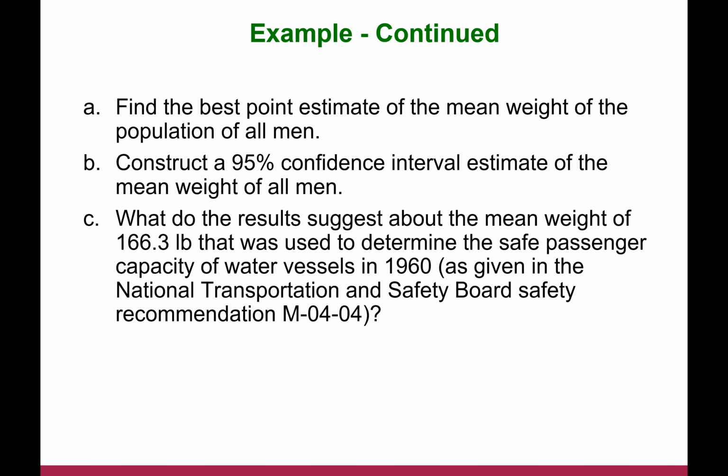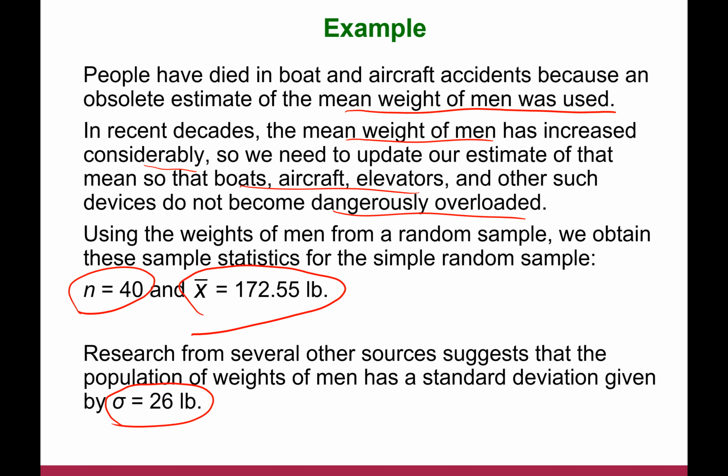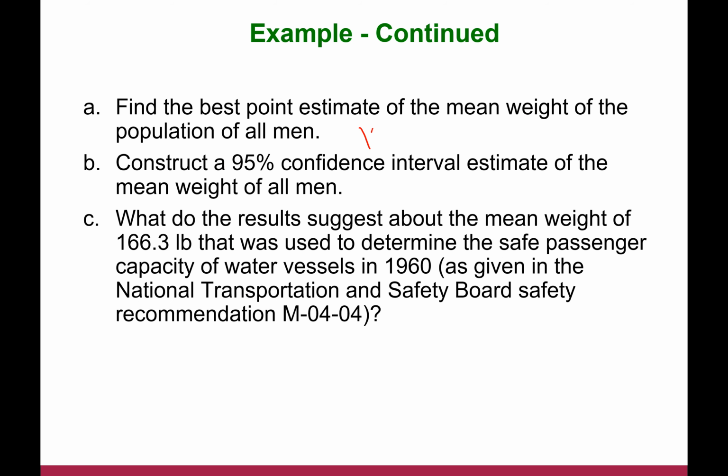First of all, find the best point estimate of the mean weight of the population of men. The sample mean of 172.55 is the best point estimate of the population mean, since the sample is a simple random sample. Then the second step: construct a 95% confidence interval estimate of the mean weight of all men.